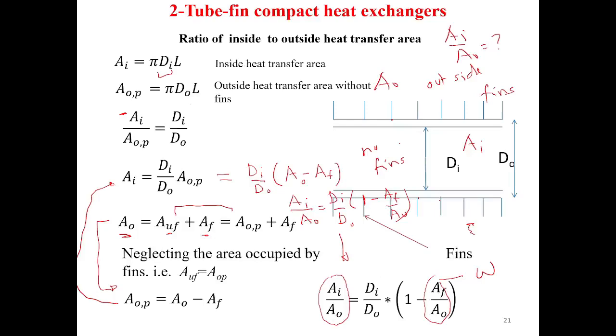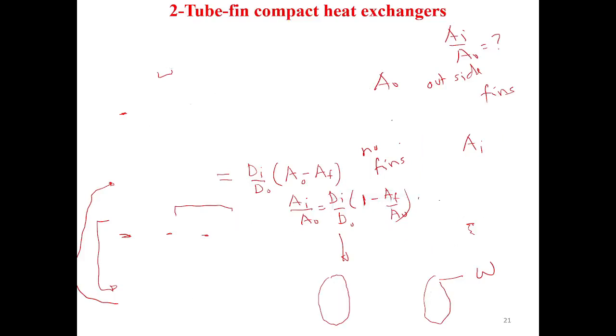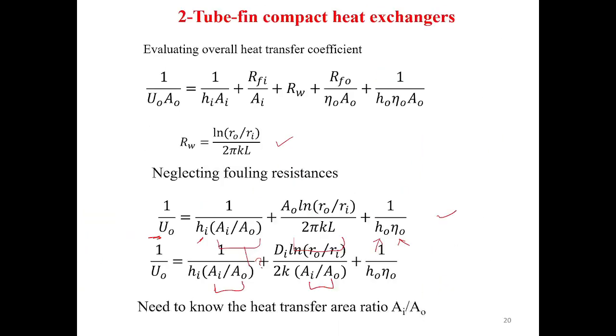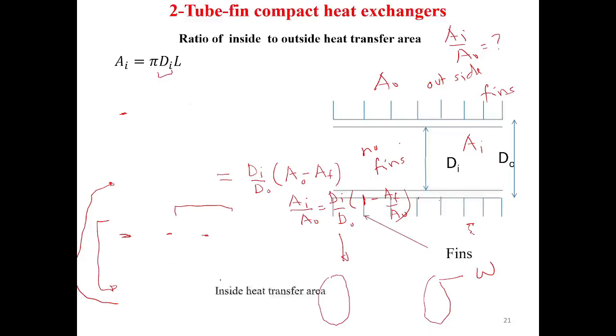This will help us to go back to the equations that I showed you a while ago, in this equation, to insert A inside over A outside with the correlations that we found a while ago.